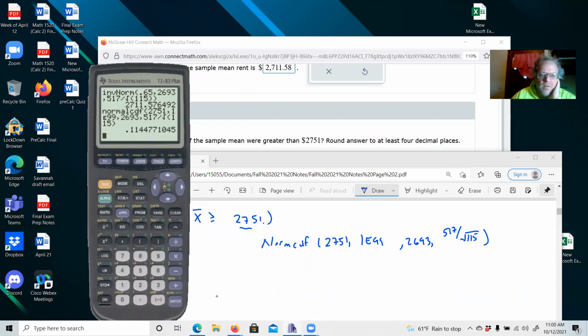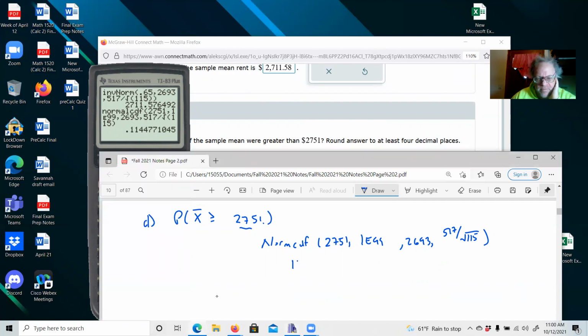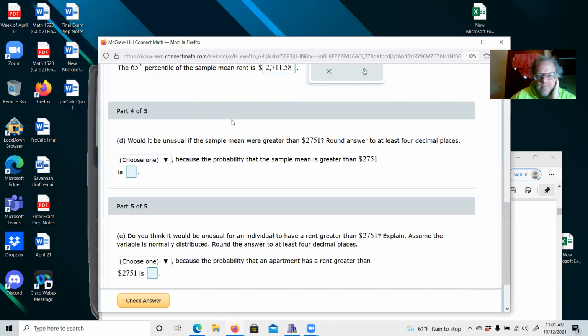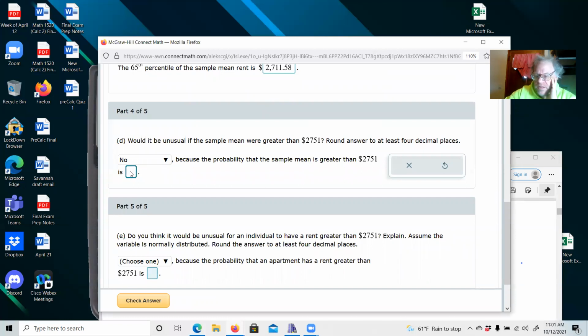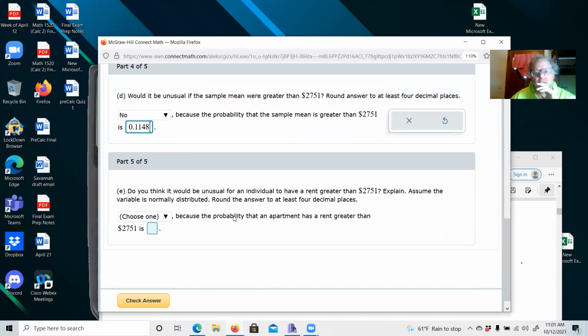We end up with 0.1148. Would it be unusual? No. It's about halfway through 11%, so 11.48%. That is bigger than 5%.